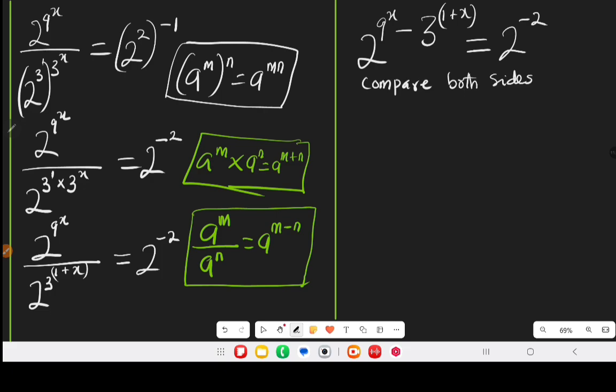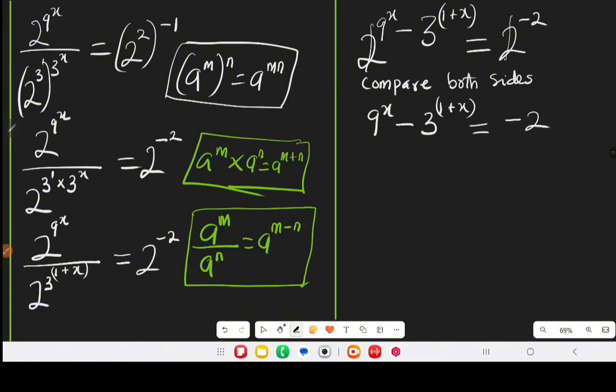If we compare both sides, base 2 we cancel base 2, left with 9 raised to the power of x minus 3 raised to the power of 1 plus x equal to minus 2.